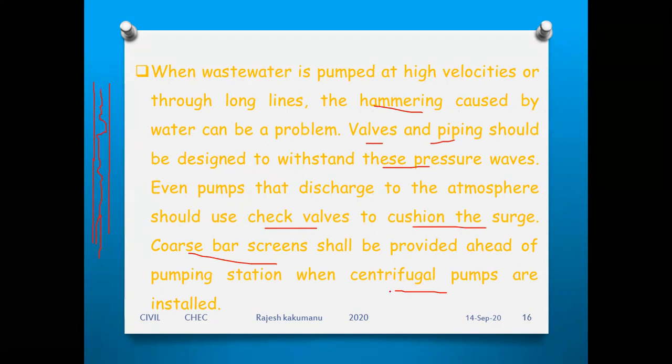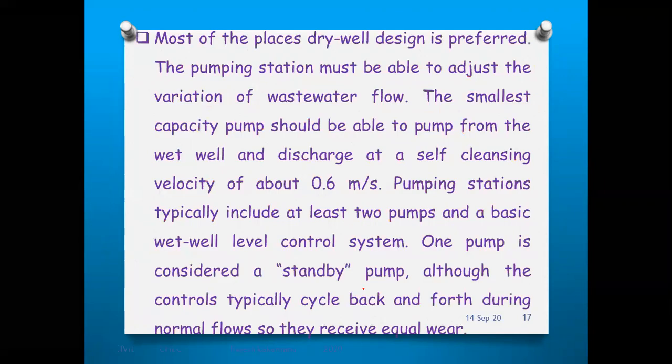Whenever you use centrifugal pumps, with this type of hammering problem, we require coarse bar screens ahead of the pumping station. Next, in most places, dry well design is preferred.